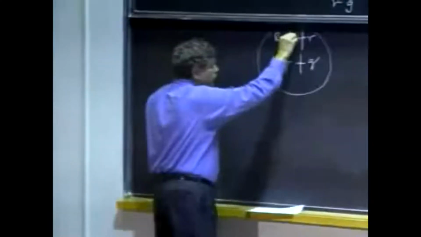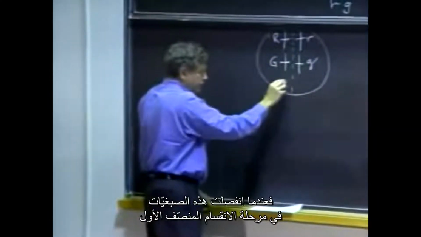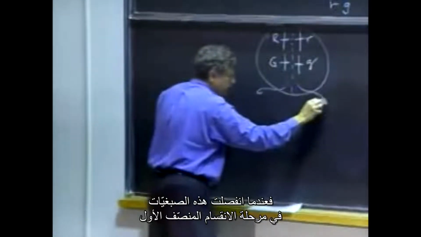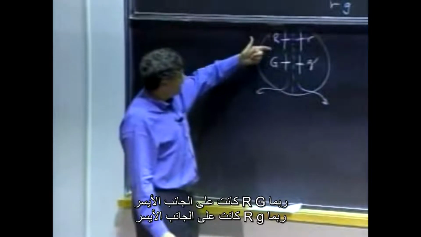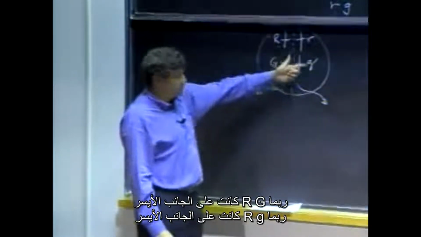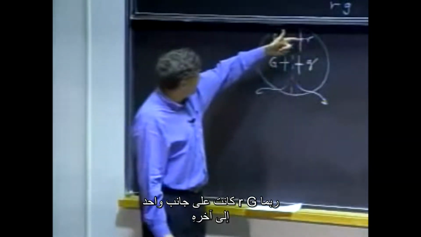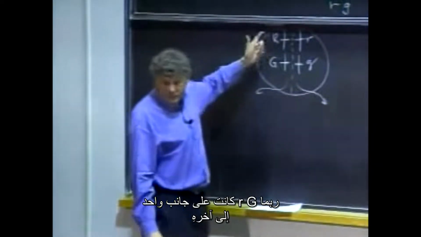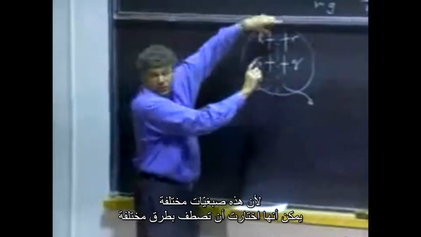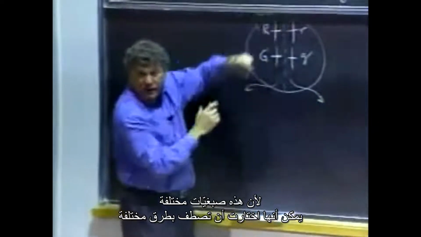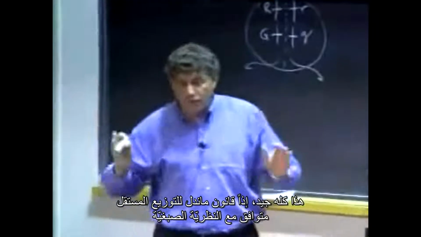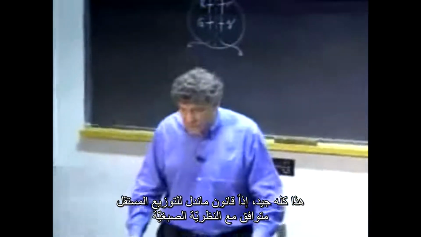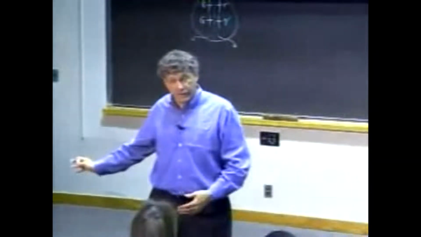So if that was the case, then when these chromosomes segregated in the first meiosis step, meiosis 1, it might be that big R and big G were on the left side. It might be big R and little g were on the left side. It might be that little r and big G were on one side, et cetera. Because these are different chromosomes, they could have chosen to line up in different ways. That's all cool. So Mendel's law of independent assortment is consistent with the chromosomal theory.